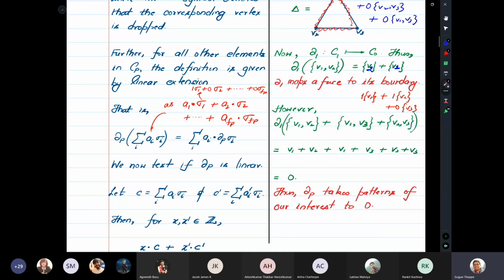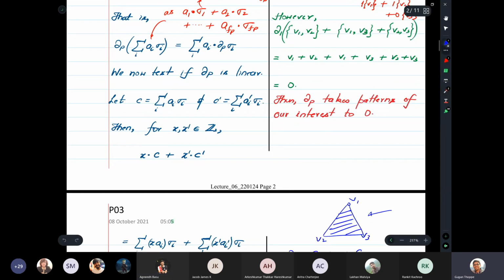Yes, Agnit, go ahead. So is this defined for all p greater than or equal to 1 or 0? It is defined for the time being for all p between 1 and the dimension of delta.